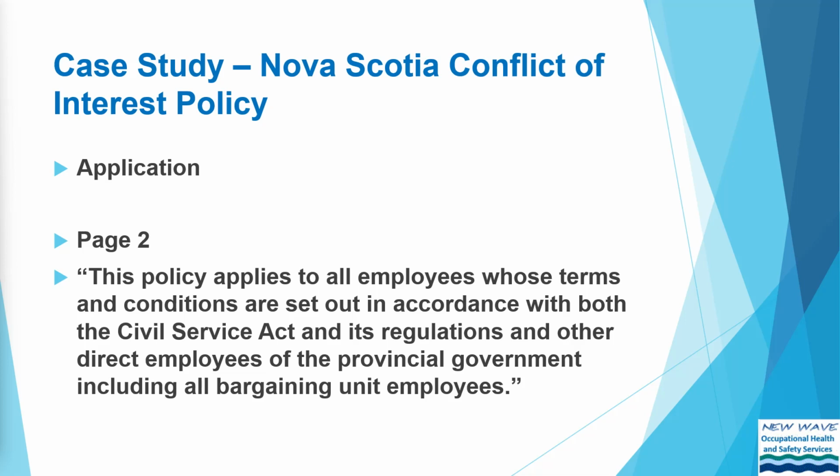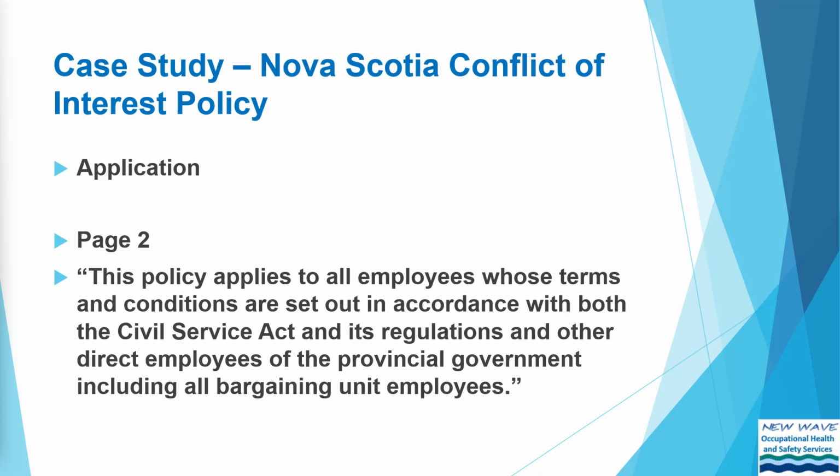The next element is application. To whom does the policy apply? This is an especially complex question in governments, where we have line departments, agencies, crown corporations, etc., etc. In the Nova Scotia policy, this actually comes in on page 2, where it says the policy applies to all employees whose terms and conditions are set out in accordance with both the Civil Service Act and its regulations and other direct employees of the provincial government, including all bargaining unit employees.